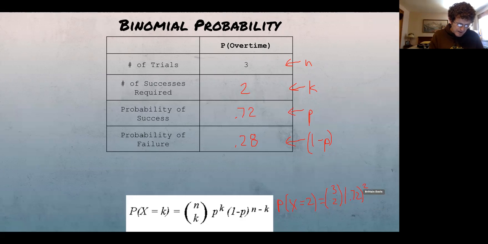And then it's going to be 1 minus p, which is 0.28 raised to the n minus k. Well, that's just 3 minus 2, so 1. So basically these two right here have to add up to n.